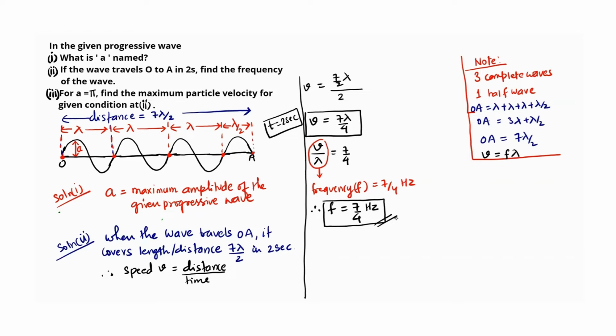Now, for 3, for A equals, that is amplitude equals pi, find the maximum particle velocity for the given condition at 2. So we are going to use this frequency and put maximum amplitude A equals pi, and determine maximum particle velocity.